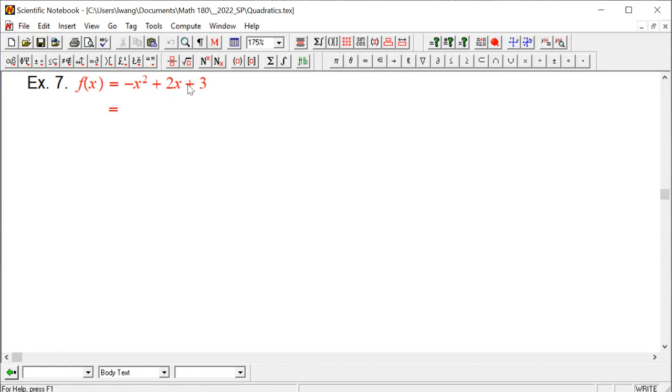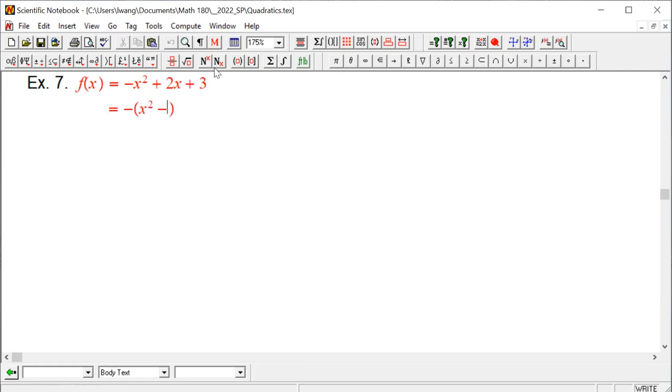So what you like to do is leave the 3 just tagging along, and you focus on these 2 terms. Between these 2 terms, you're going to factor out the negative number, or whatever A is. So I'm going to factor out the negative sign and put x squared.